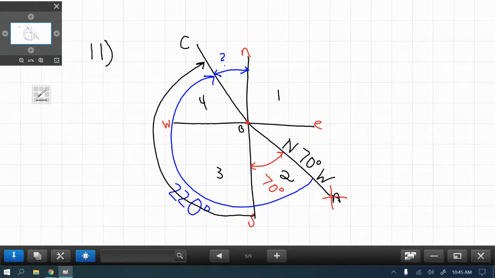So if the blue is 220 all the way around, and the red is 70, if I take that 70 out, that'll give me the angle from south to BC.